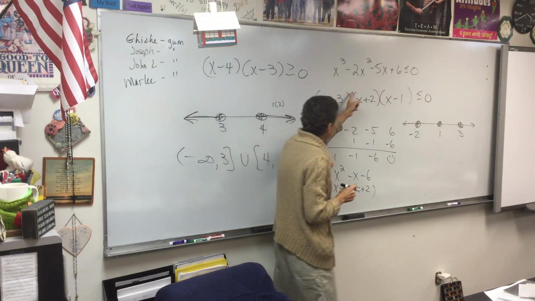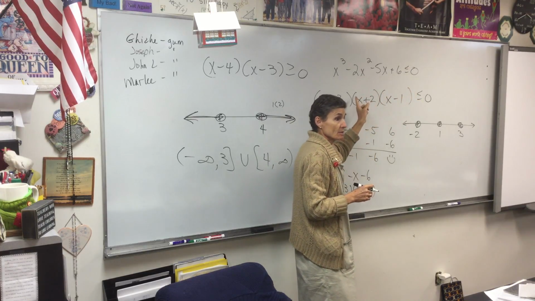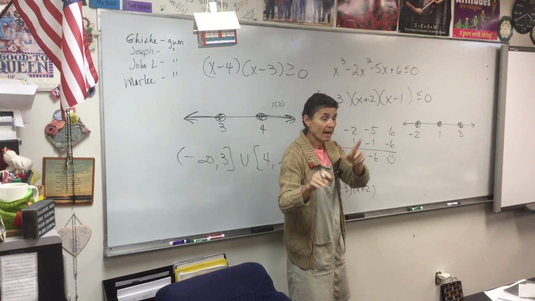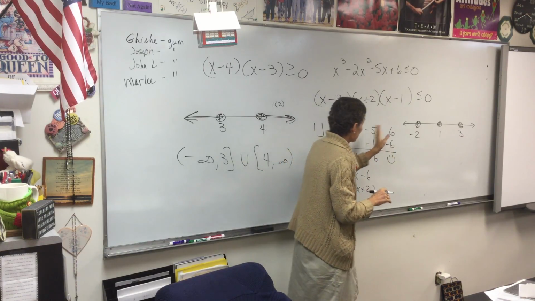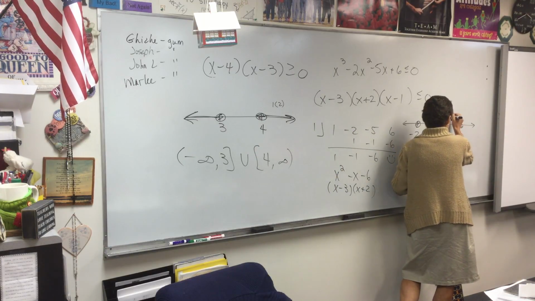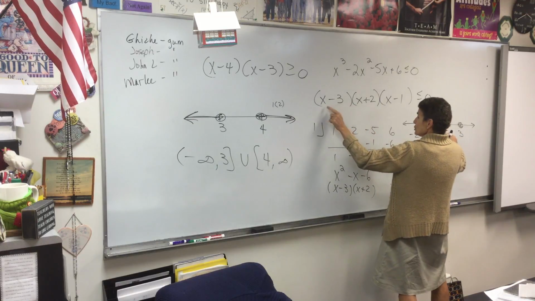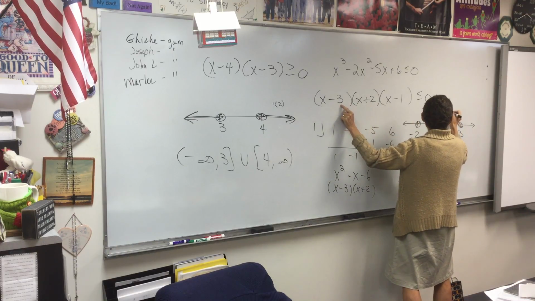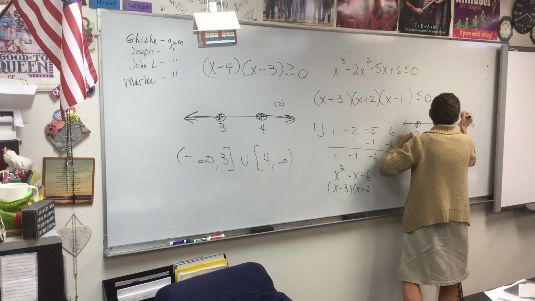I don't have any squares on my factors, correct? So I can do my shortcut, but I have to try one number first so I know where I'm going. 2. You wanna try 2? 2's fine. Now 2's in here, so this is where we're checking. This is where 2 is. So 2 would give me -1 times 4 times 1.